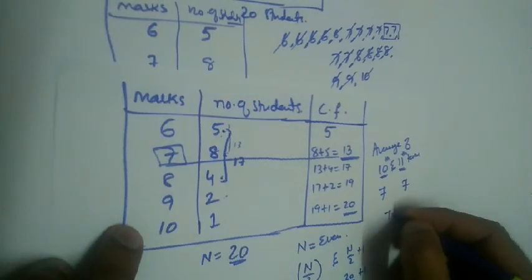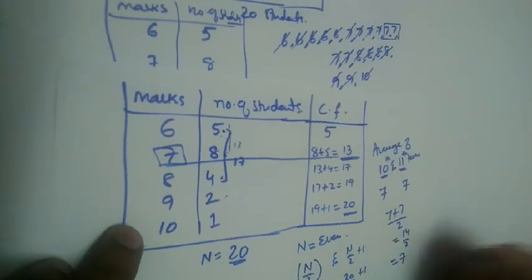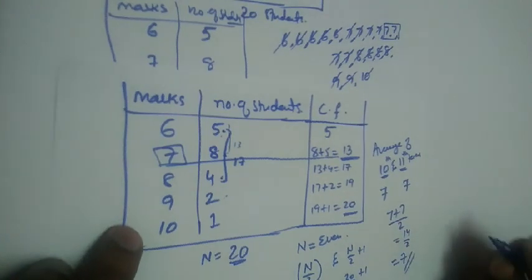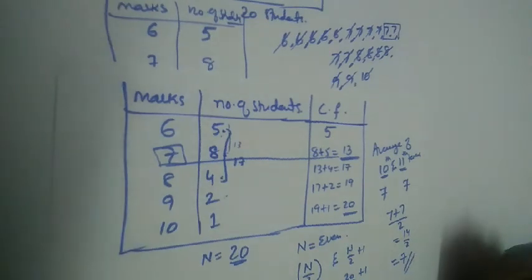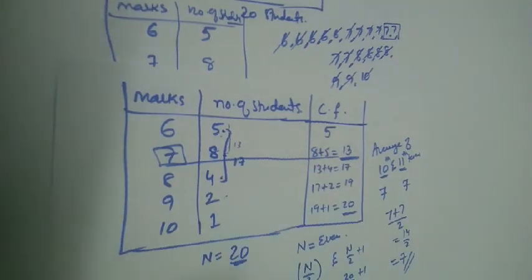So we need to find the average of these. 7 plus 7 by 2, 14 by 2, is equal to 7. So this is the median. This is how we find the median using cumulative frequencies. I hope this is clear. In the next video, we'll learn about finding the median of grouped data using a formula.